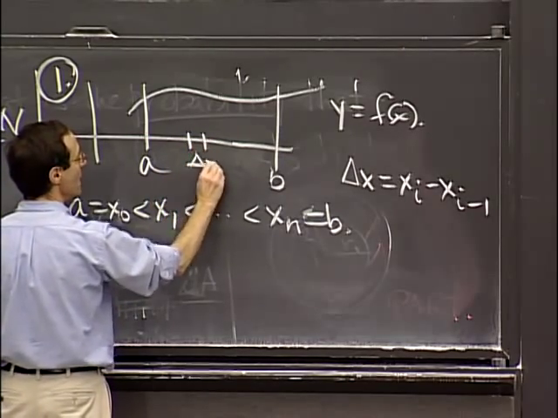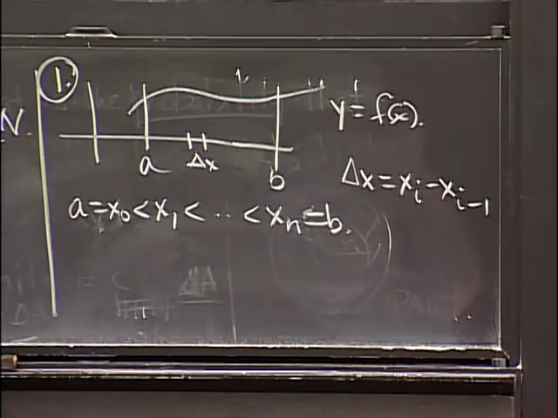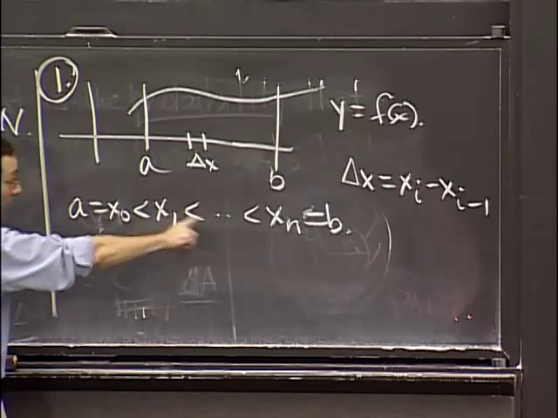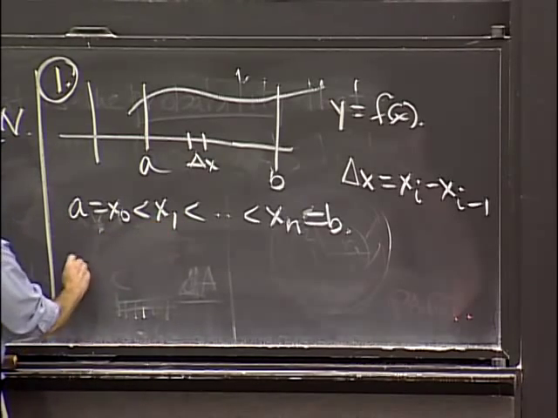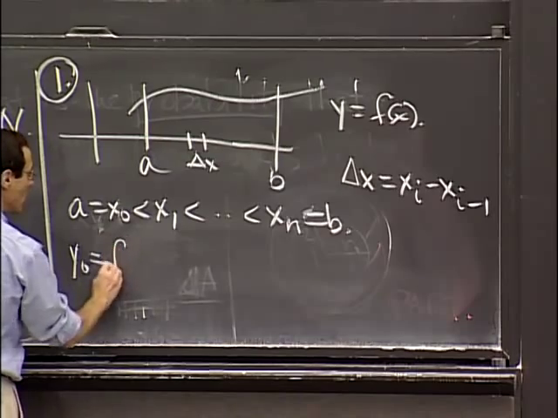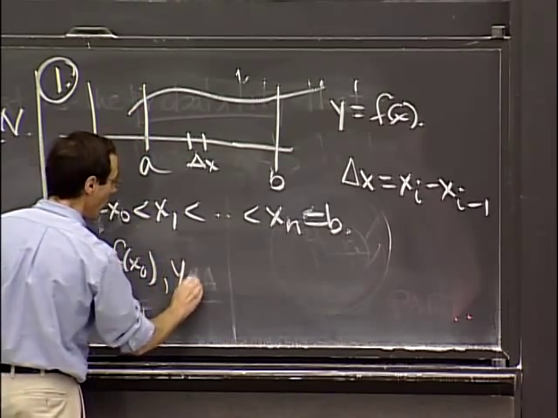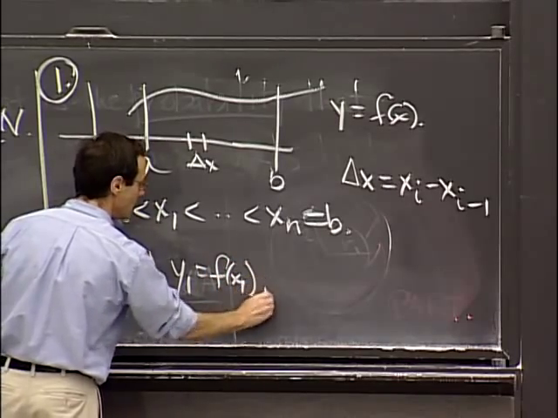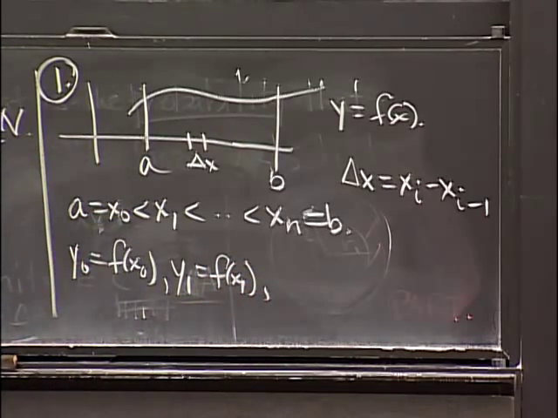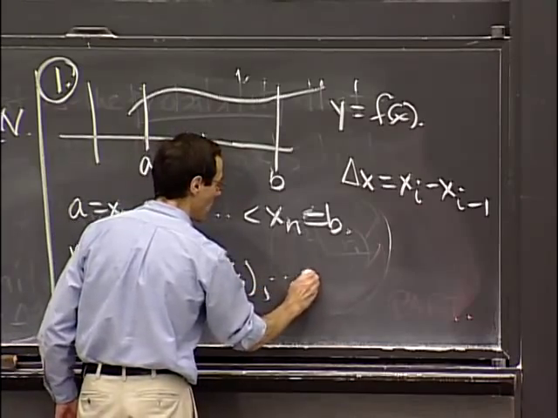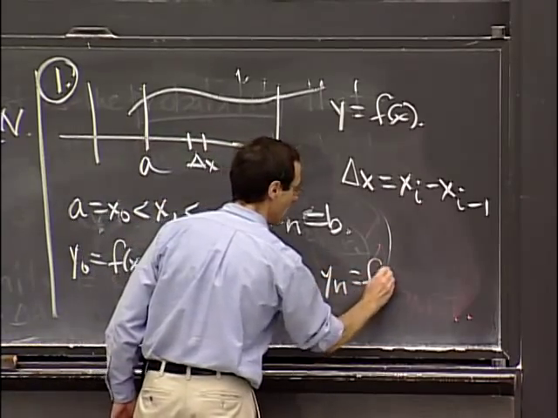So we have these little steps of size delta x. Corresponding to these x values, we have y values. y0 is f of x0. That's the point above A. Then y1 is f of x1. That's the point above x1. And so forth, all the way up to yn, which is f of xn.